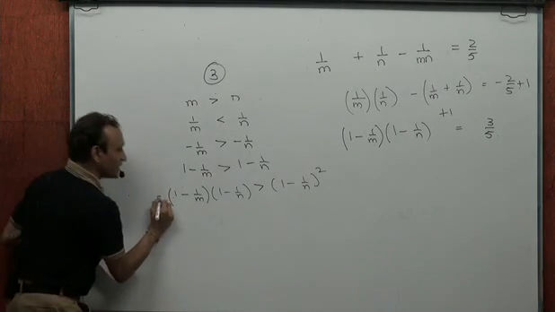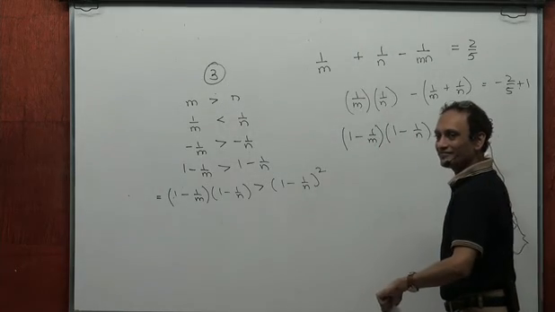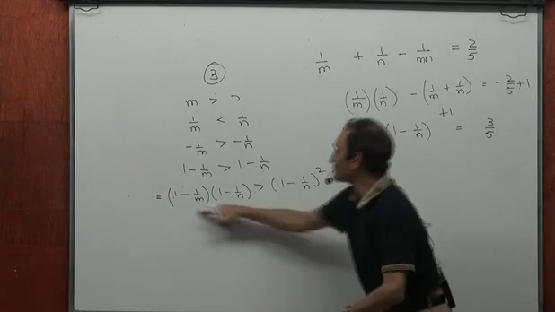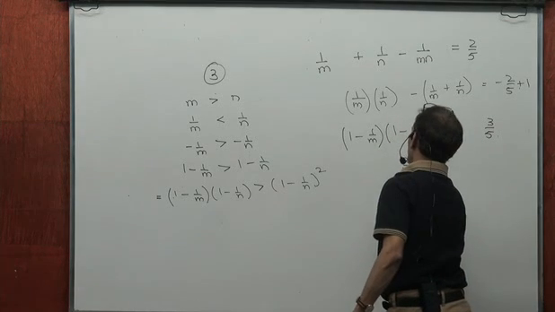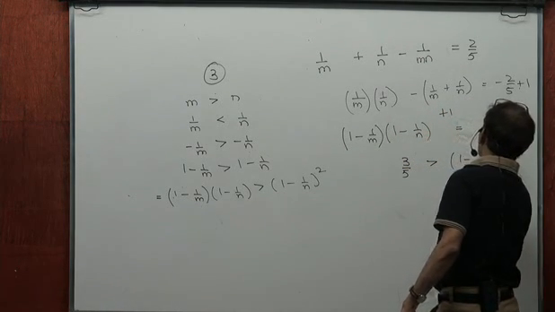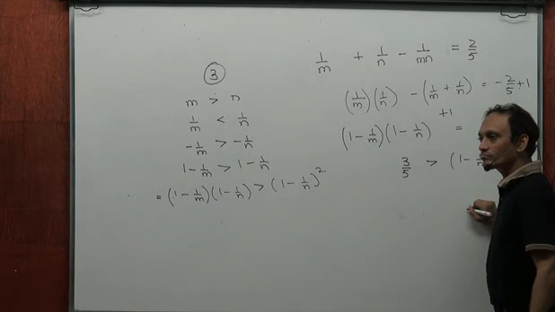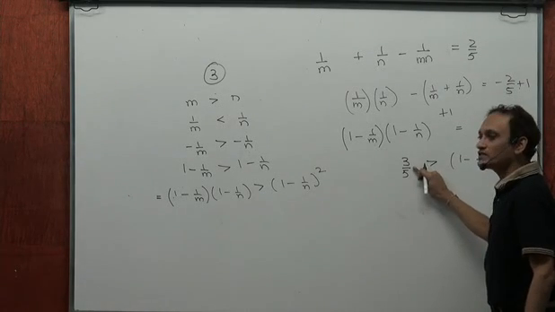Now what's the left hand side? 1 minus 1 by m into 1 minus 1 by n is 3 by 5. Right? So the left hand side is 3 by 5. So 3 by 5 is greater than 1 minus 1 by n whole square. See, there is a square and this is 0.6.